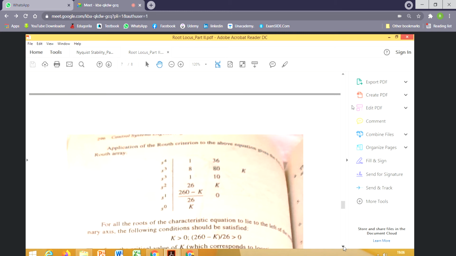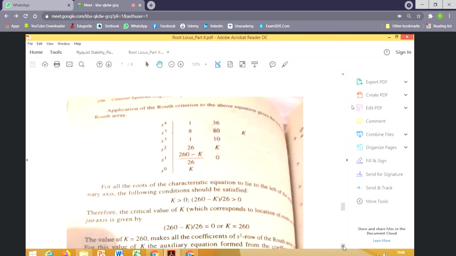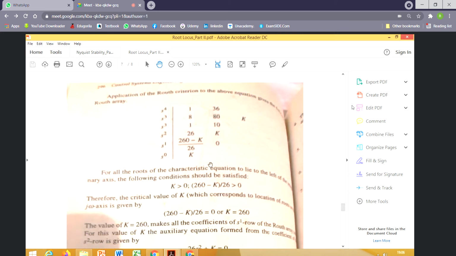This is your assignment. Please check the values. So for s1: (26 into 10 minus 1 into K) divided by 26.